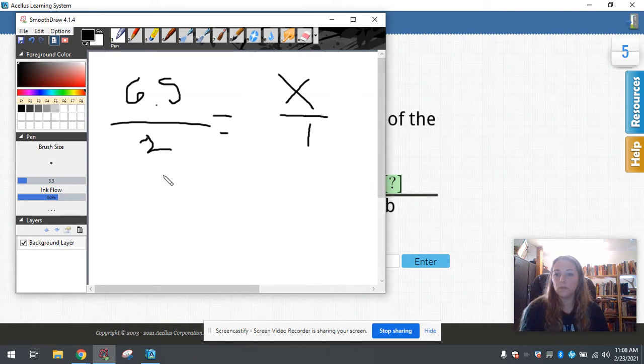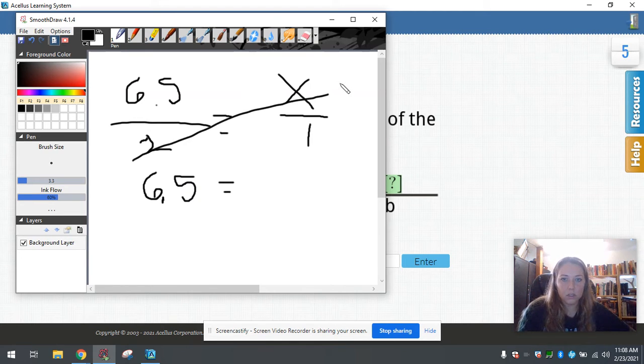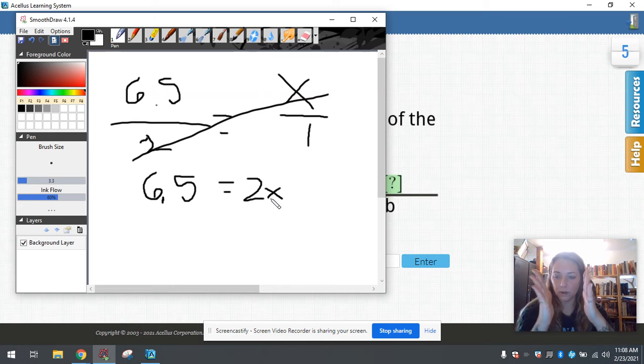All right, so we cross multiply. 1 times 6.5 is 6.5 equals 2 times x, which you can just write as 2x. When a number is right next to a variable, it means to multiply.